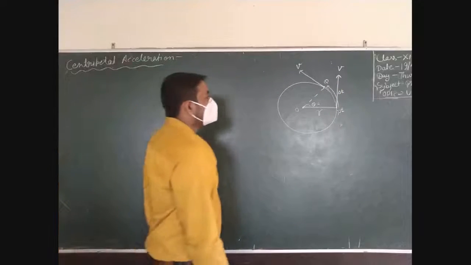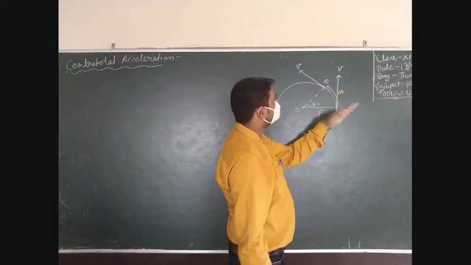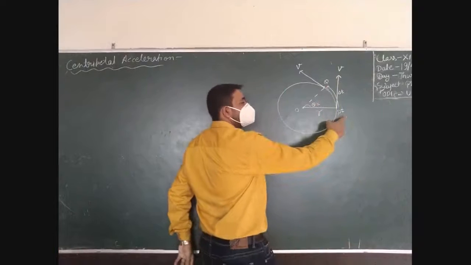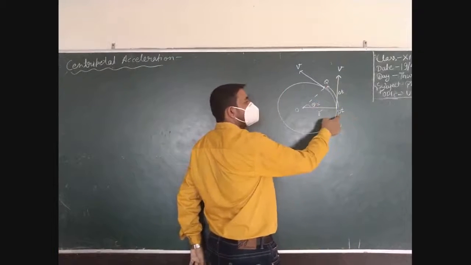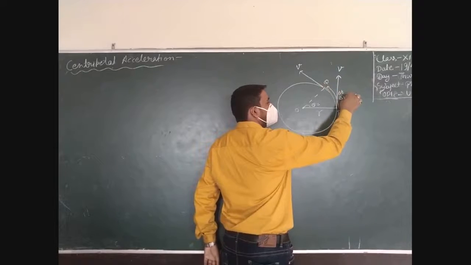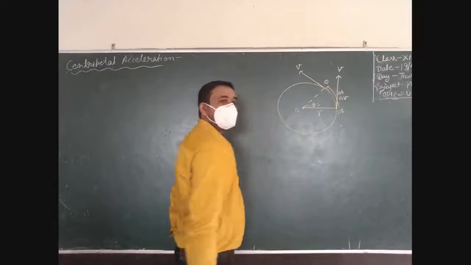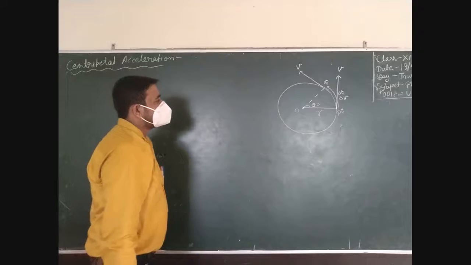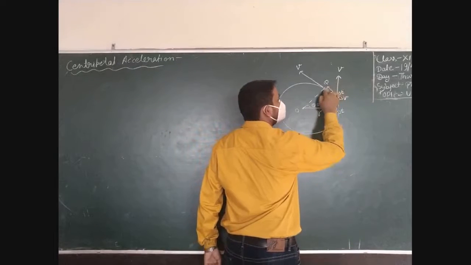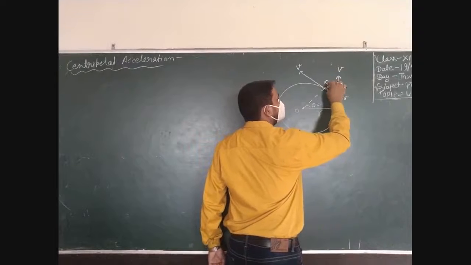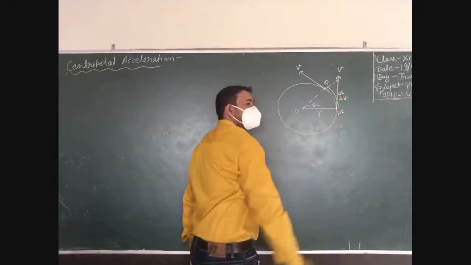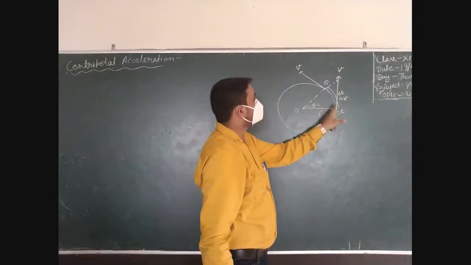Now, if the linear velocity is v, then the change in velocity from moving P to Q is del v. Now we have two triangles here. When we continue the perpendicular here, we get another triangle PQR.